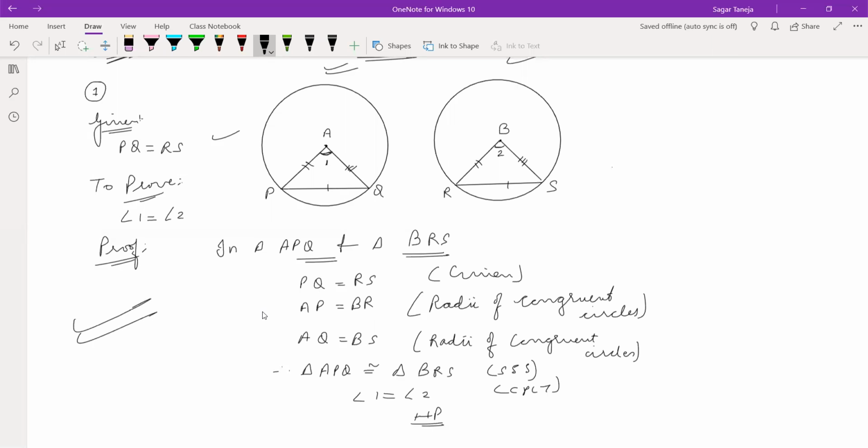Now we have to do the second question. Note it down, be quick. The second question is just as this. The same figure we have to make in the second.